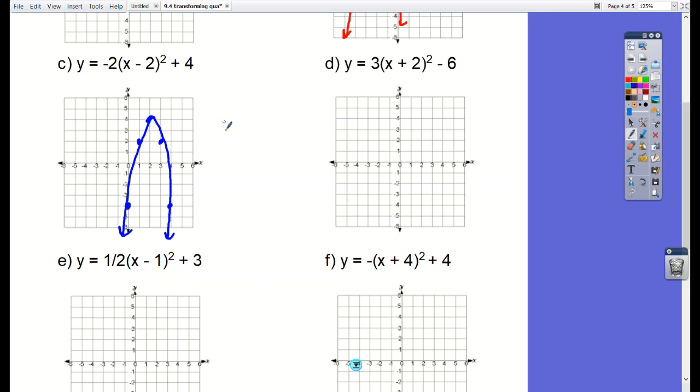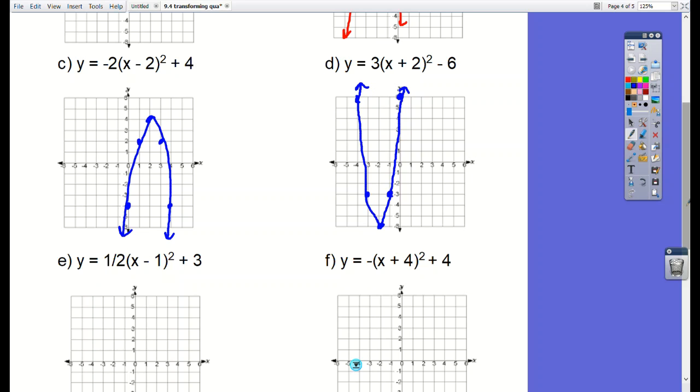Lily, vertex for part D, please. -2, -6. Down here. Okay. Ellie, count our points for us, please, on the right side. And then the next point? Up 12 over. Looks like this. All right.